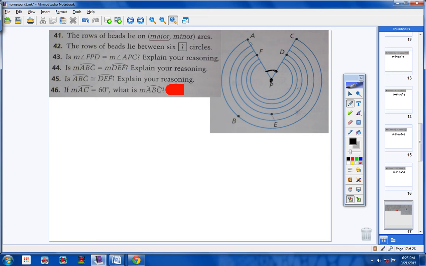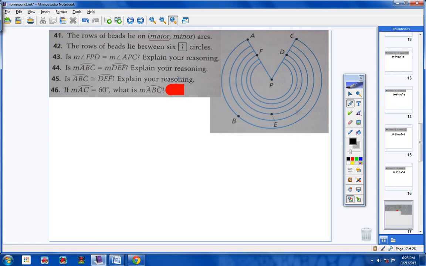A to P to C, you're still dealing with the same two rays, this ray and this ray here. So angle FPD is the exact same angle as APC. Yes, definitely, because points D and C lie on the same ray, and points A and F lie on the same ray. So yes, they are going to be congruent angles.